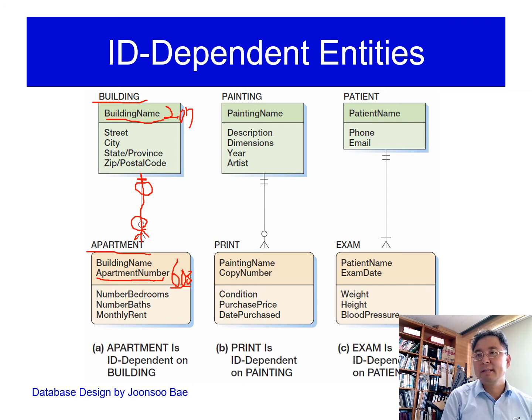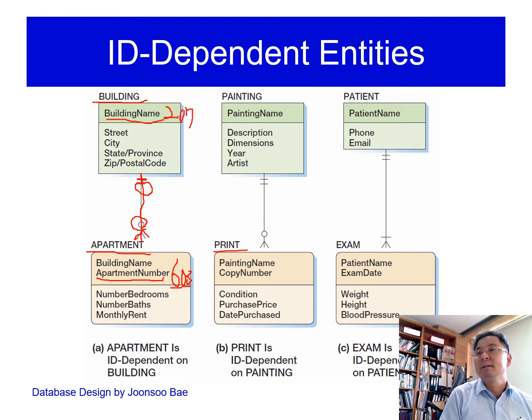The same way, painting and print also apply as an ID dependent entity. Print is an ID dependent entity. In order to identify a print, we need the painting name, Mona Lisa, and the copy number, 6, 7, like that.